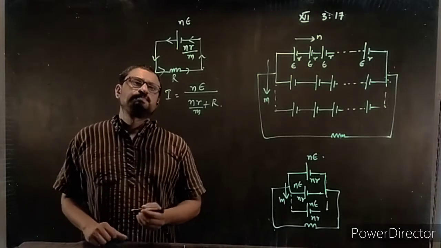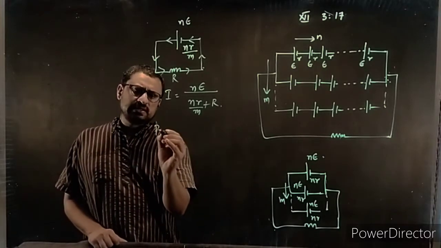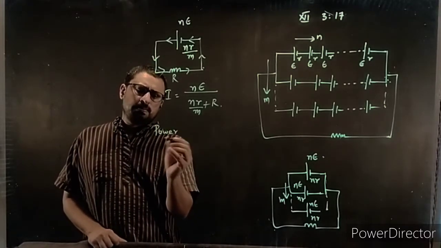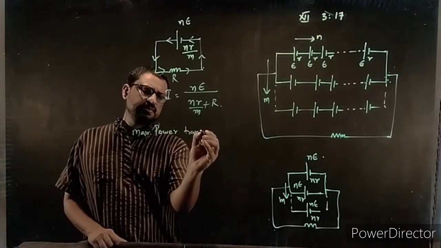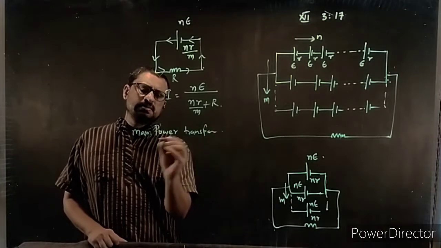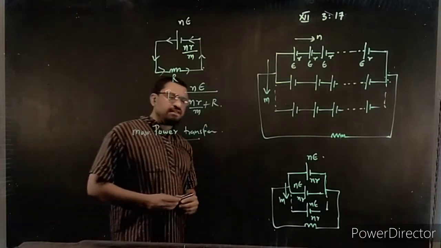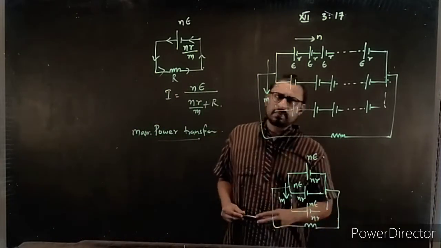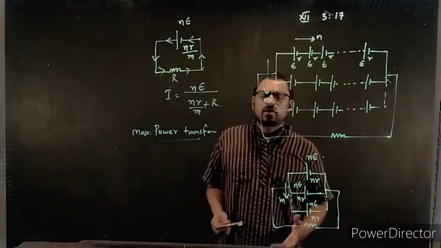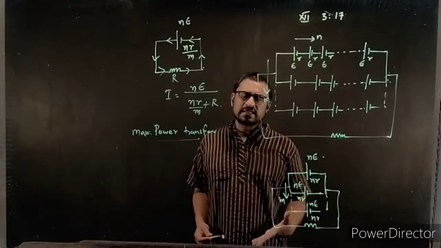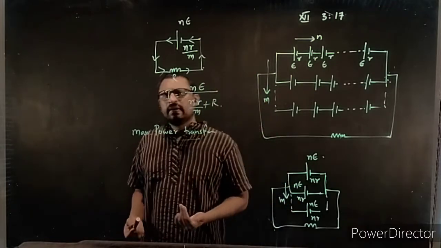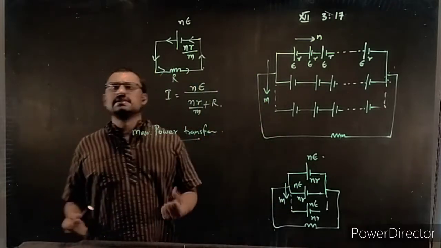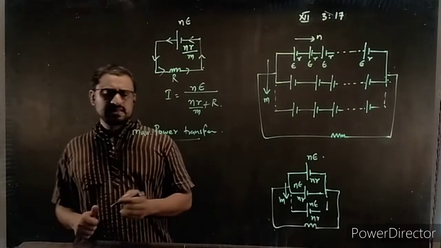And there is one theorem known as the maximum power transfer theorem. The maximum power transfer theorem says that from a combination of cells, you can expect the maximum power or maximum current to be drawn when the effective internal resistance is equal to the external resistance.